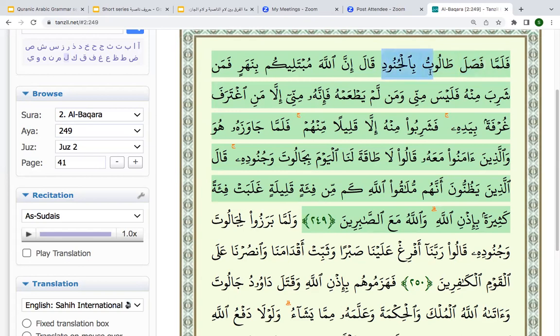No, Talut did not just separate. He separated with his troops. So troops will be with them, right? Junud should be part of the shart, right? So when Talut separated with his troops, or when he departed with his troops, qala, he said. So jawabu should begin from here. Okay?